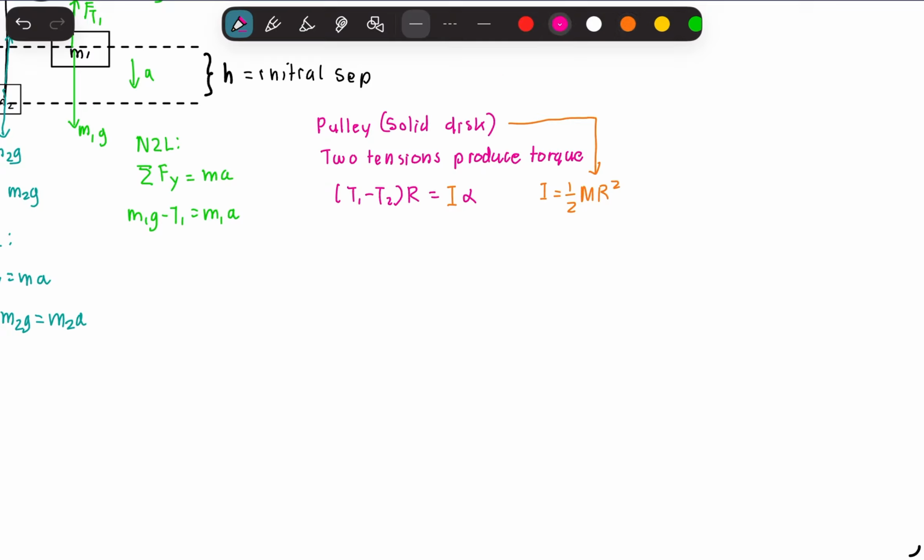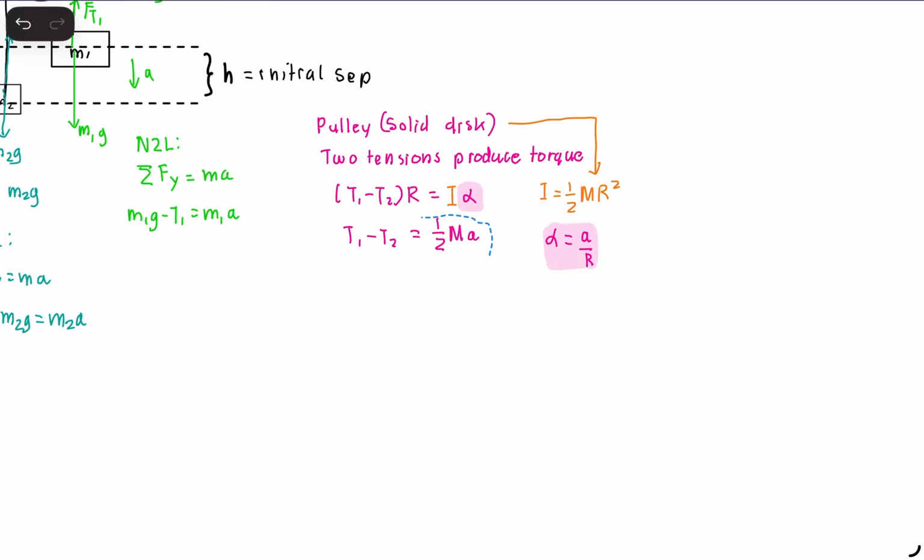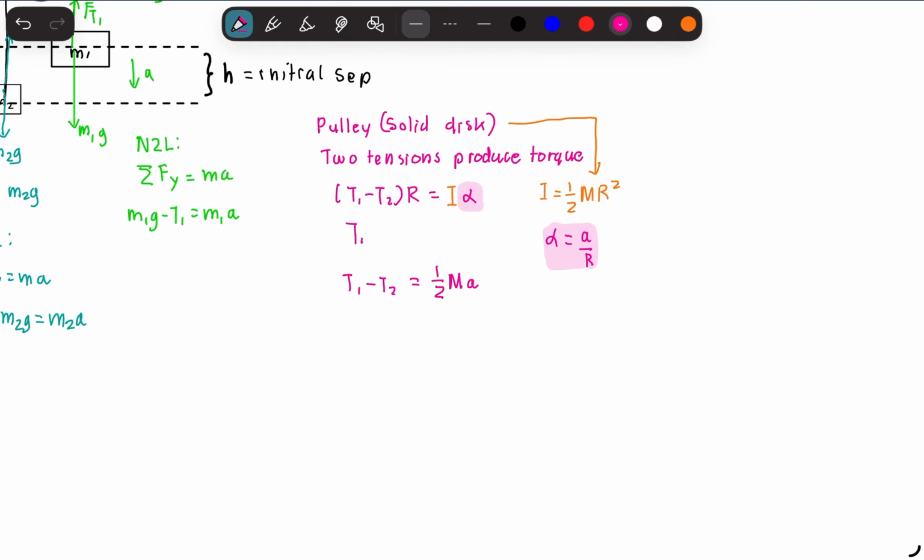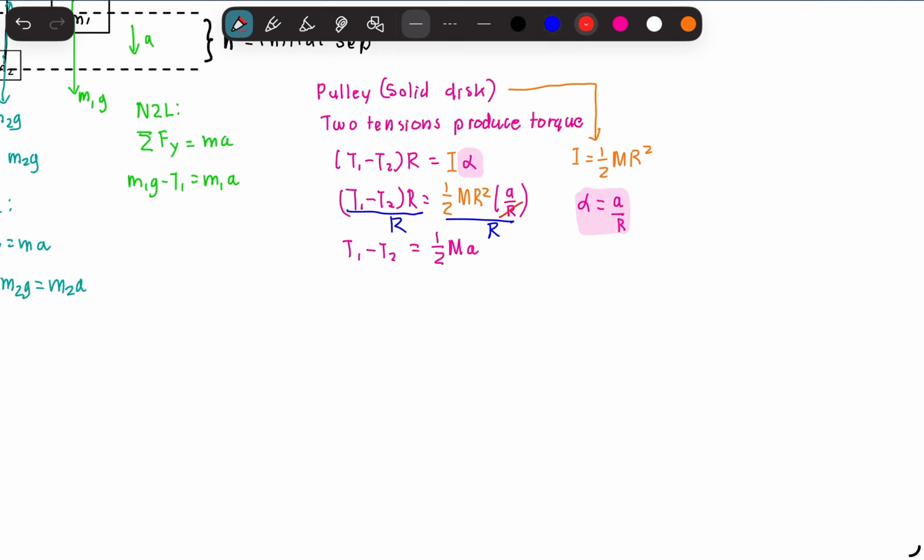And we also know that alpha is equal to a over R. So if we slip these in, we get this from here, a divided by R. And you also had an R up here.